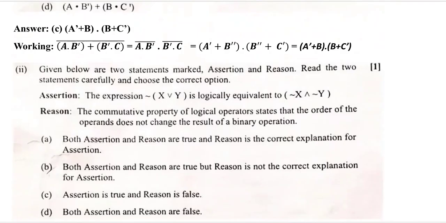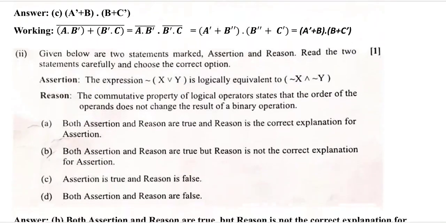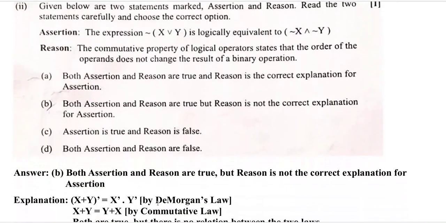It is an assertion reason question. Given below are two statements. First is the assertion: the expression not of (x dot y plus y) is equivalent to x bar dot y bar. The reason: the commutative property of logical operators states that the order of the operands does not change the result of the binary operation.